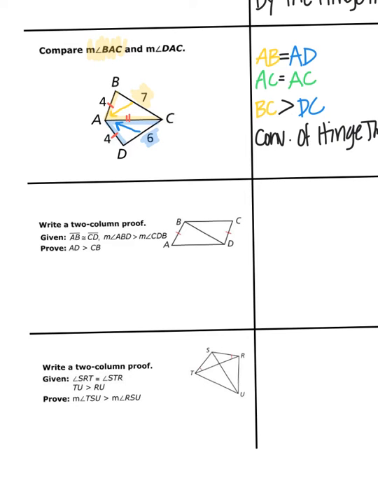So the converse of the hinge theorem allows us to say that the measurement of angle BAC is larger than the measurement of angle DAC.